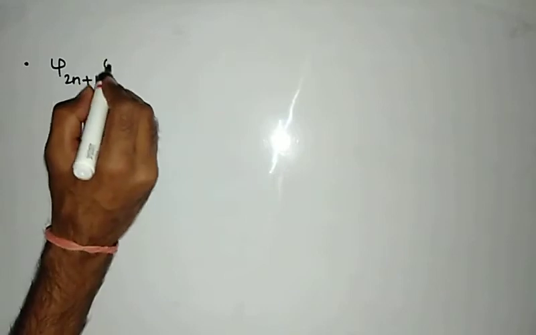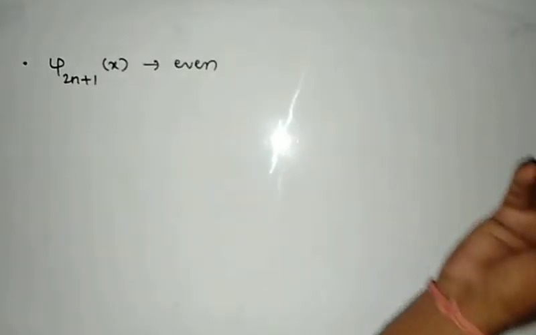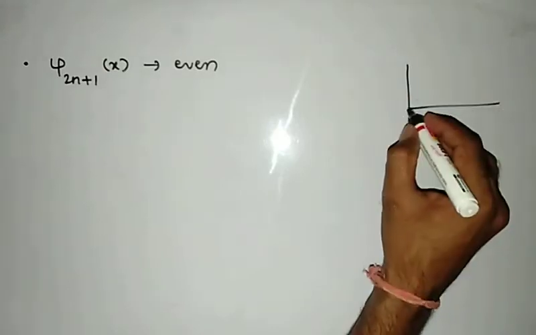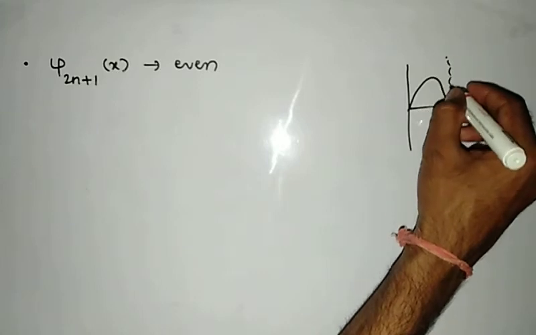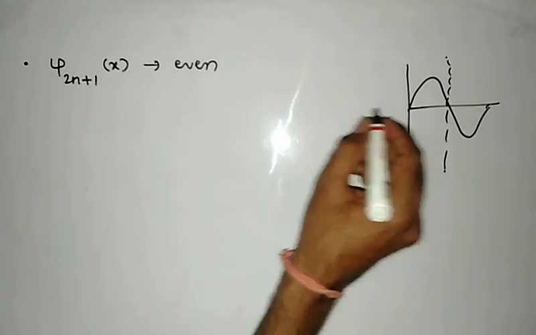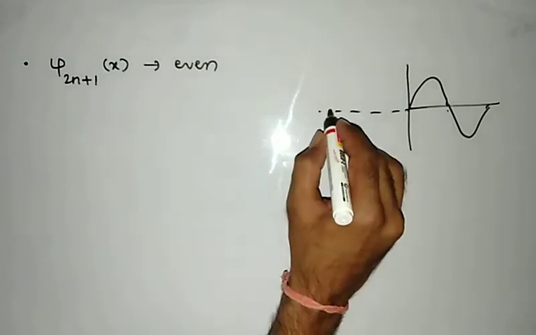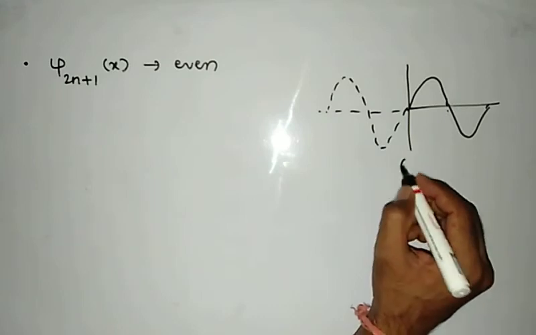Two more points. First is about psi 2n plus 1 and psi 2n. From the figure we can see that for this wave function, drawing here, or you can extend this wave, this is odd.